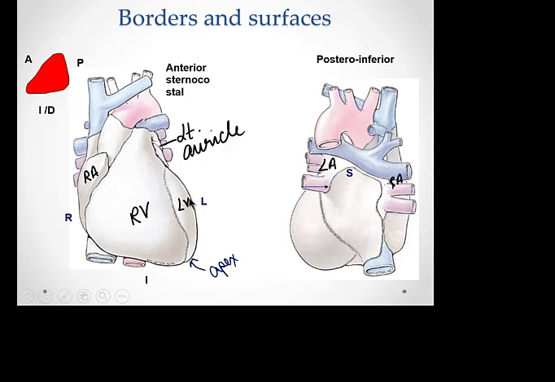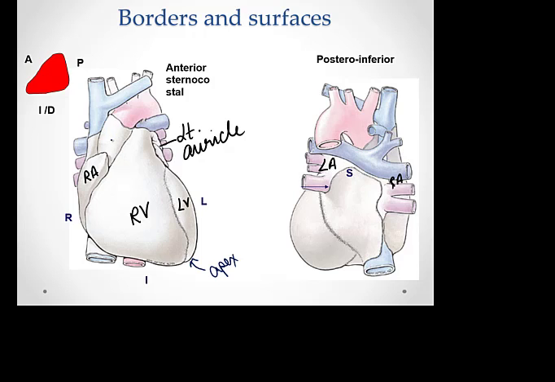This part here is the left border of the heart. Notice this, formed by the left ventricle and this small part of the left atrium, which is called the left auricle. What does the word auricle mean to you? Ear. Remember when you did A&P one, the external ear was called the auricle. Auricle means any ear-shaped process.